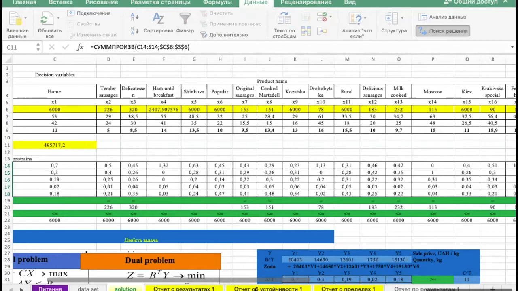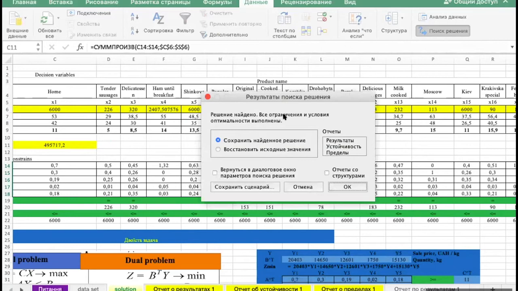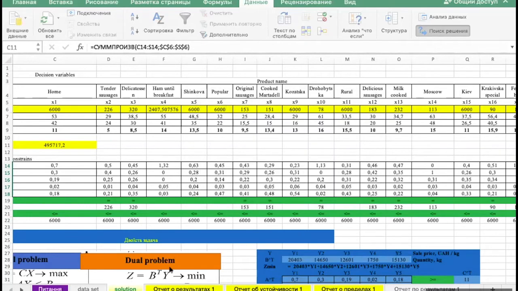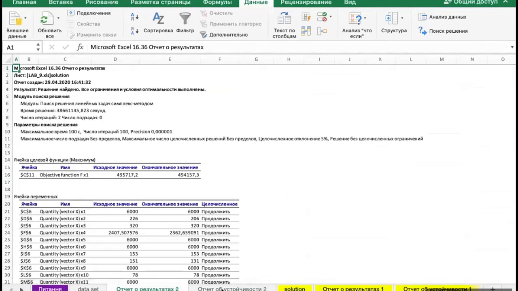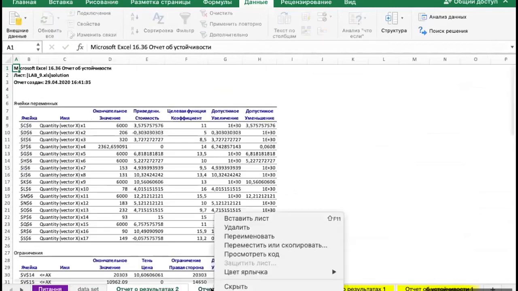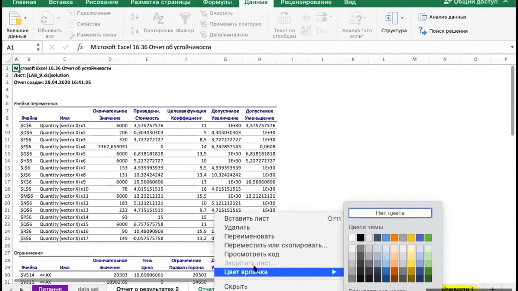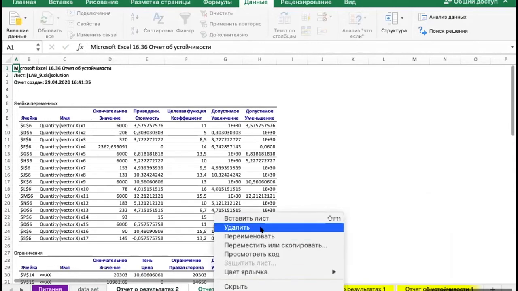Sensitivity (устойчивость) is the sensitivity of our model. Results of the solution search (Результаты поиска решения). And you can see the reports: there are results and sensitivity. You select both results and sensitivity and press OK, and two new tabs will pop up at the bottom. Okay? So now I want to explain our first sheet about results.